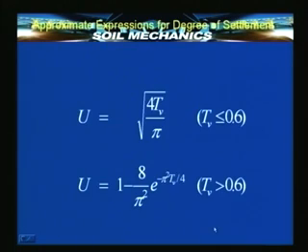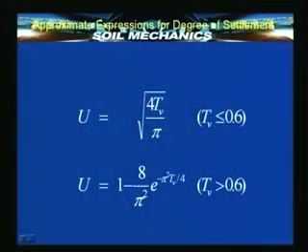There are two other expressions which are conveniently used. They are slightly simplified forms of the expression for u versus t, and they are shown here. You find u is approximately equal to root of 4 TV by pi as long as TV is less than or equal to 0.6, and u is equal to this as long as TV is greater than 0.6.